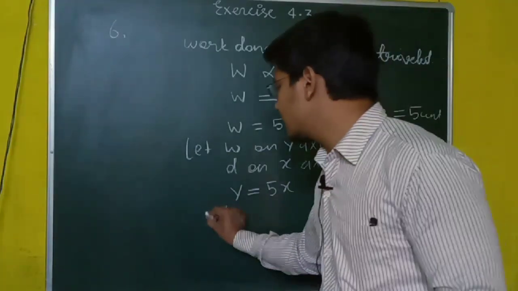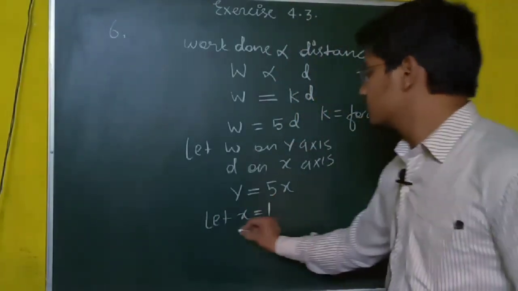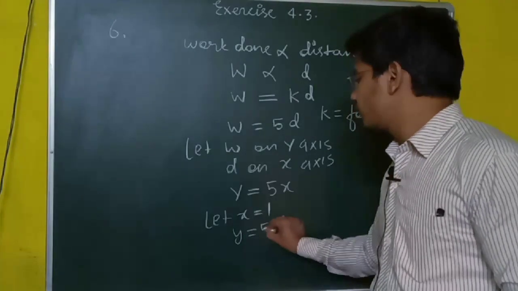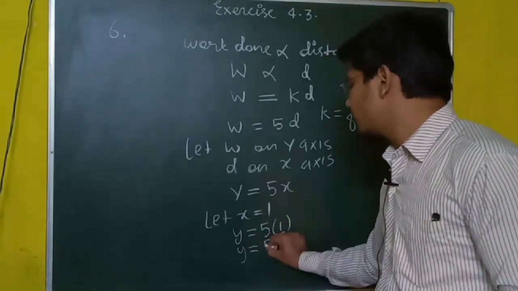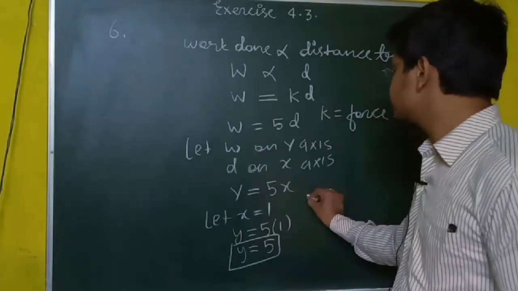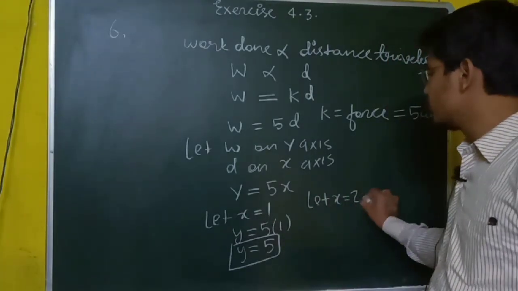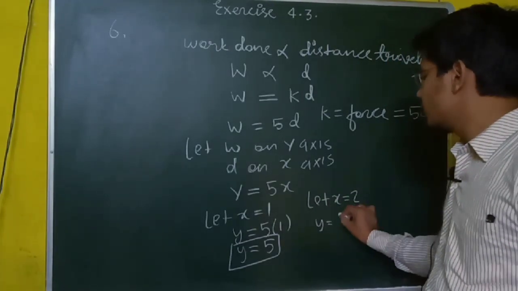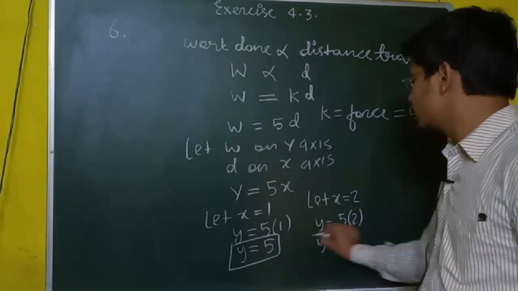So we will write here let x equal to 1, so y is equal to 5 into 1, so y is equal to 5. This is our first solution. Then let x is equal to 2, so y is equal to 5 into 2, so we will be having y is equal to 10.